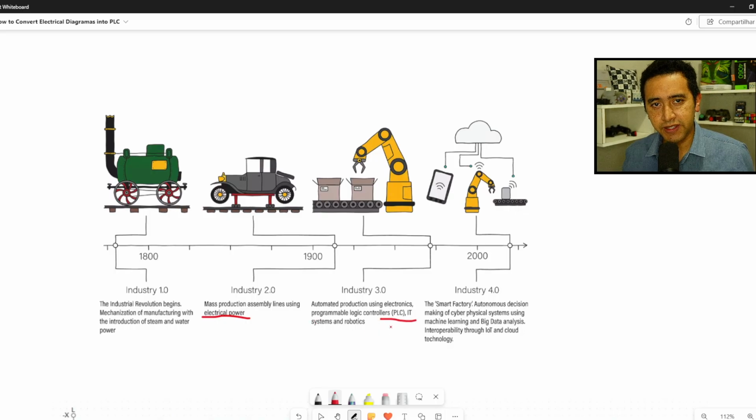Then all of the control diagrams that control our manufacturing industries come to a programmable controller. Our circuit controllers or control diagrams are virtualized in this system.